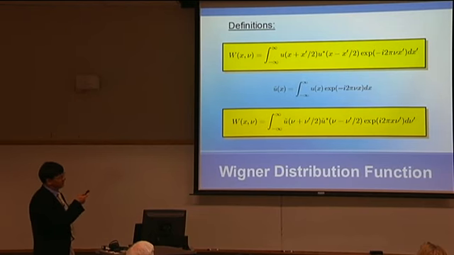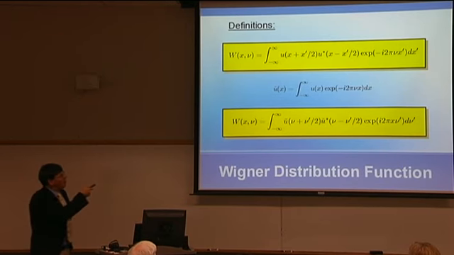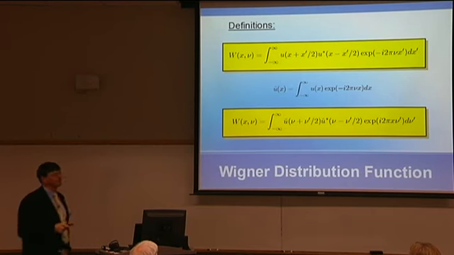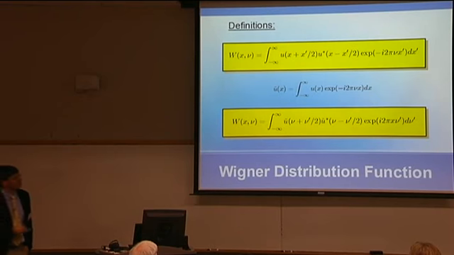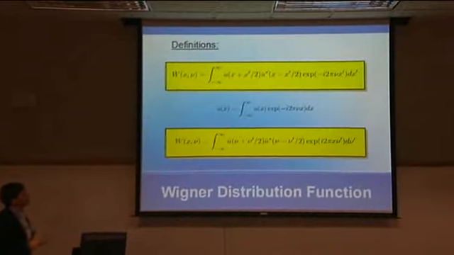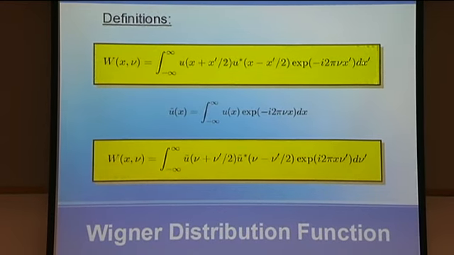Again, here is the definition, and I do not really want to dwell a lot on these equations. One thing that I like to point out is that the original signal, the complex signal that enters into the description, appears twice, here and here as the complex conjugate. Or there is an alternative definition where it enters as the Fourier transform and the complex conjugate of the Fourier transform.